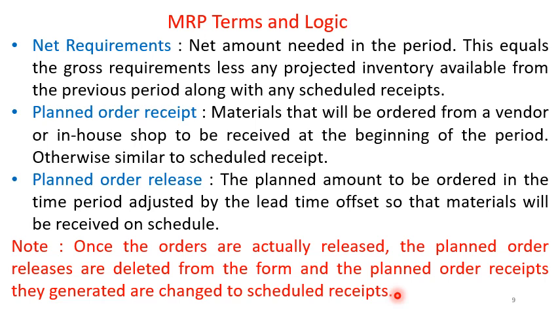So planned order receipts will be changed to scheduled receipts once the order is made. So this note says once the orders are actually released, the planned order releases are deleted from the form and the planned order receipts that they generated are changed to scheduled receipts. So these are the different terms or the logic of MRP.